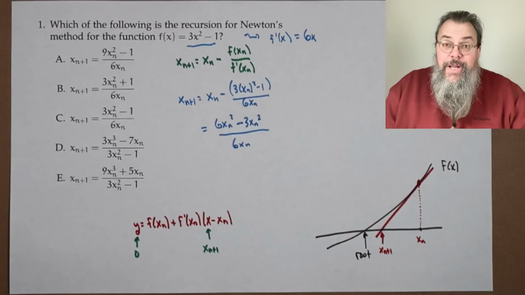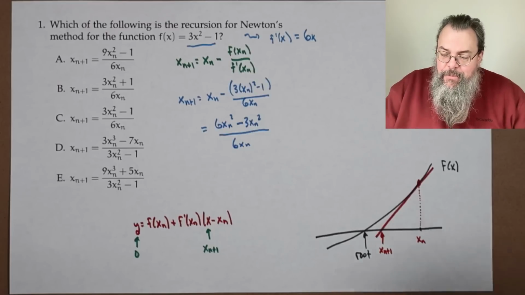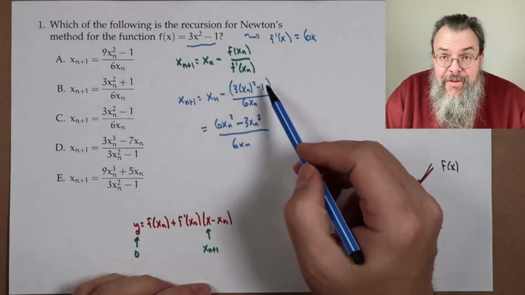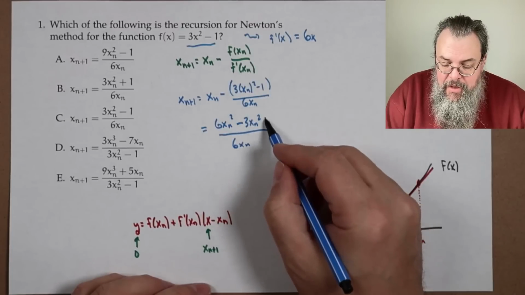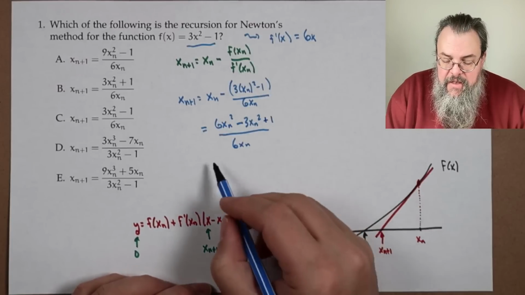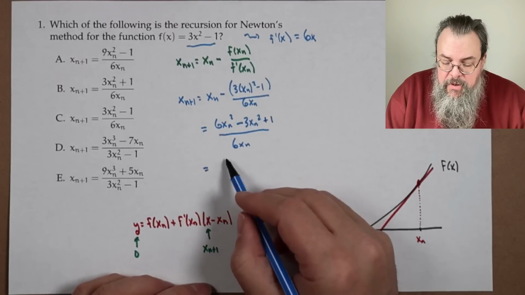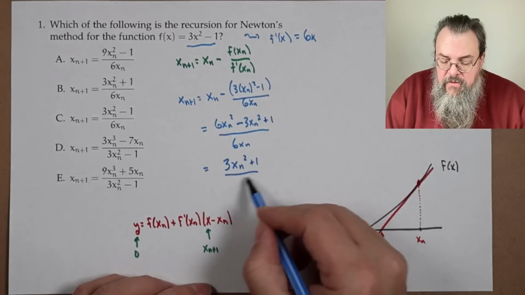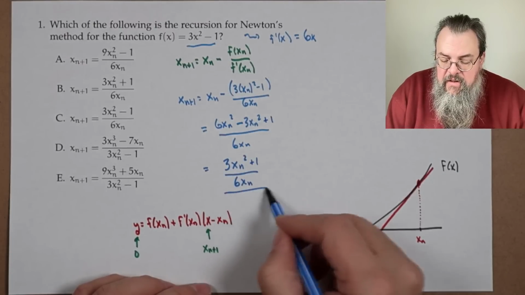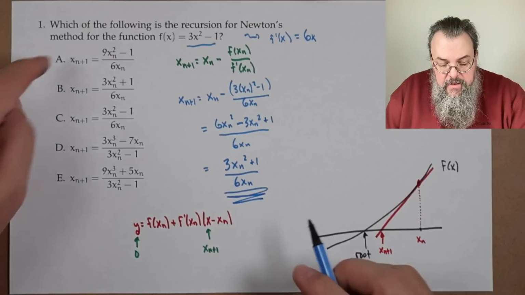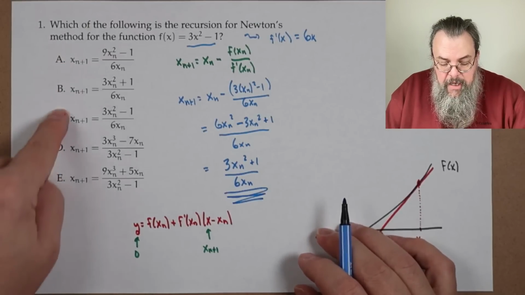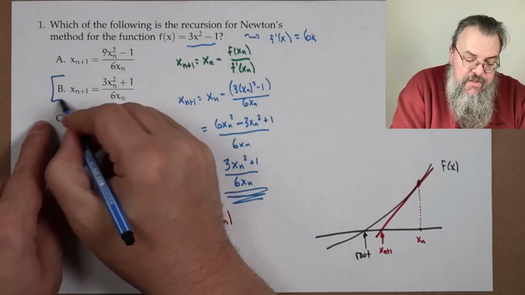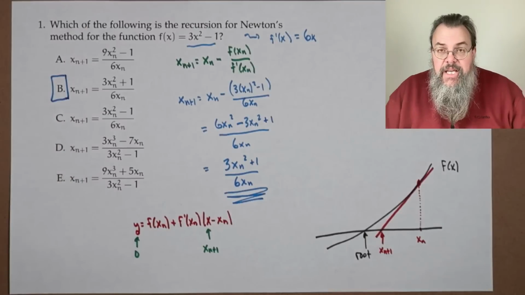We love our parentheses because they help remind us that this minus distributes in, so this is a plus 1. And now what do we see? We have 3xn squared plus 1 over 6xn. There's our answer, B. All right, so the answer was B.